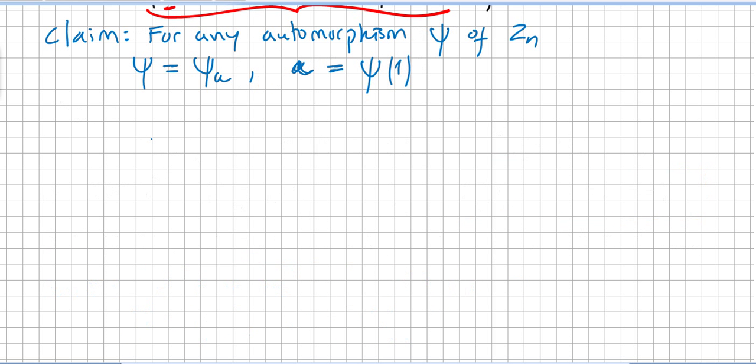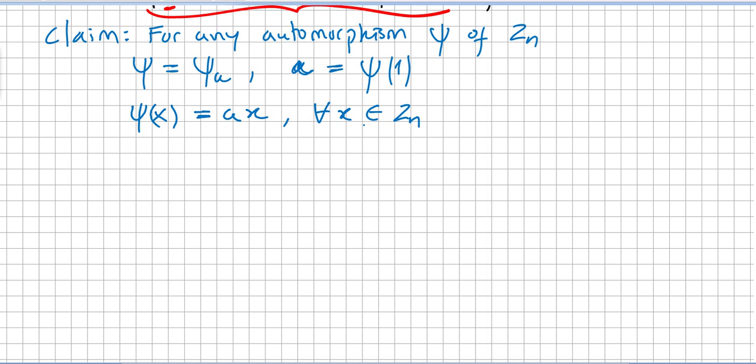So here I have to use induction, because if I have psi of x equals ax, of course this is for all x in Zn, you know that.